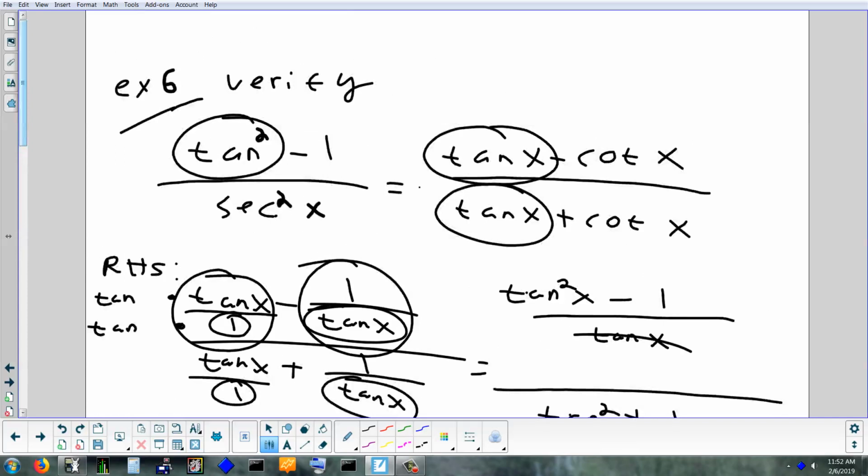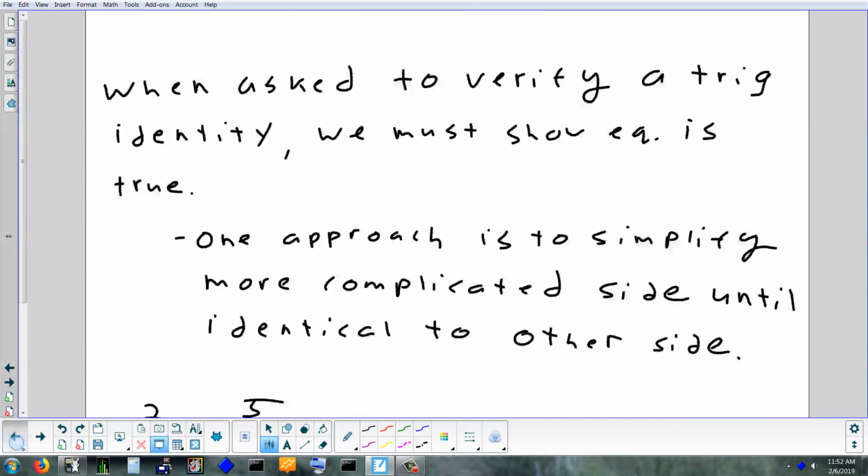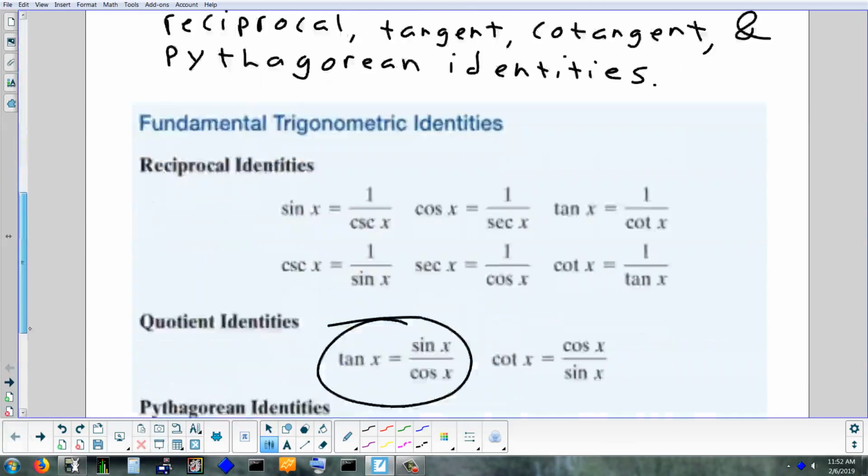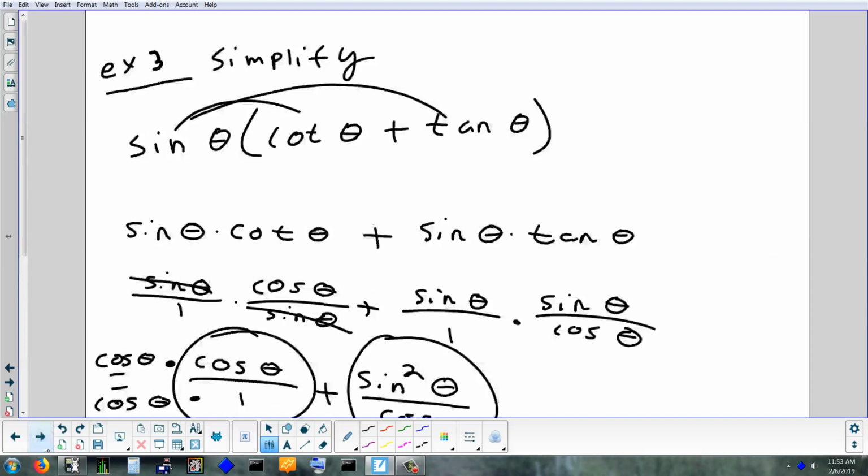We wanted secant squared. But let's go back and look at tangent squared plus 1. It equals secant squared. Right there, tangent squared plus 1 is exactly what you wanted, and that identity says tangent squared plus 1 is secant squared, and we're done.